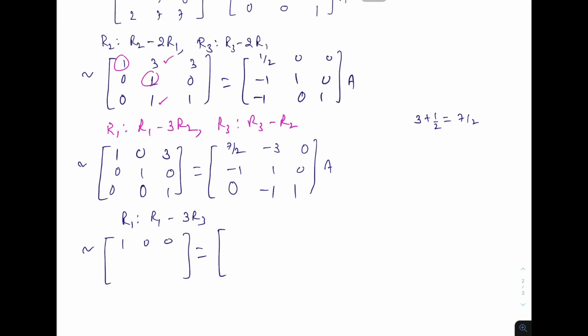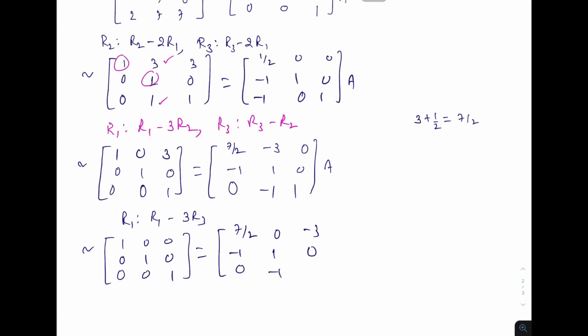Now R1 minus 3 R3, so because this is 0, no change here, so that is 7 by 2. Then this is minus 3, so that will be plus 3, minus 3, so that will be 0. This is minus 3, and here add, so that is minus 3. This is 0 1 0 minus 1 1 0. This one is 0 0 1.